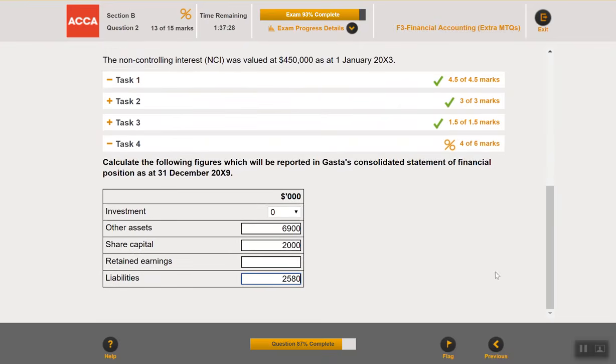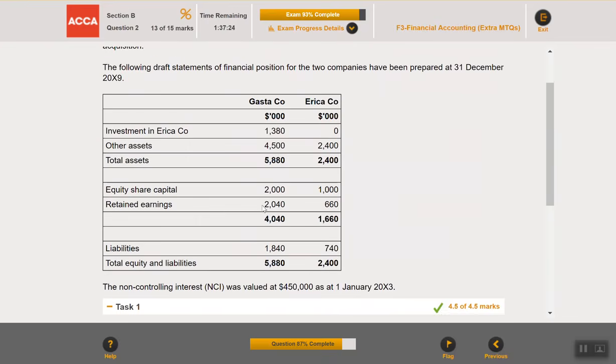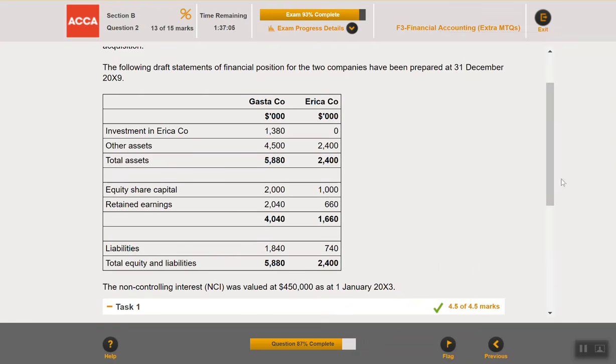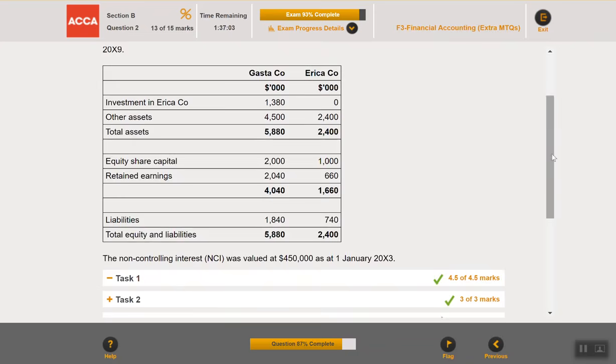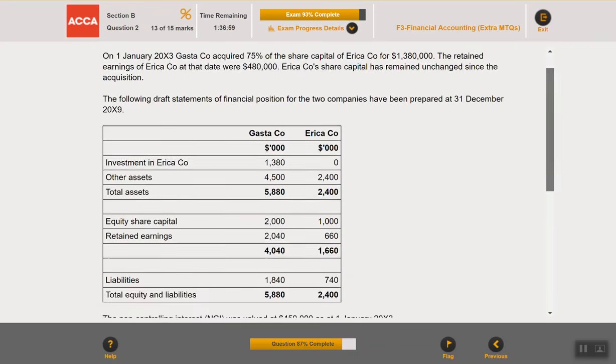To calculate retained earnings, we take the parent's retained earnings, which is 2040, plus the change in retained earnings of the subsidiary, which is 480 to 660.